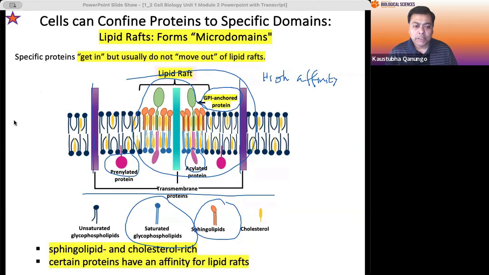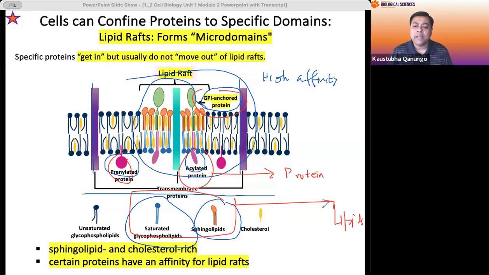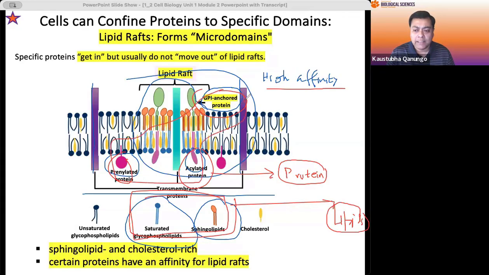So just make sure that you make a difference between these. These are lipids, and these are GPI, acylated, prenylated. These are proteins. So look at what the question is asking, whether it is asking which proteins have a high affinity or which lipids have high affinity. Depending upon that, you will answer either this or that. So that's protein, this; lipid, that.